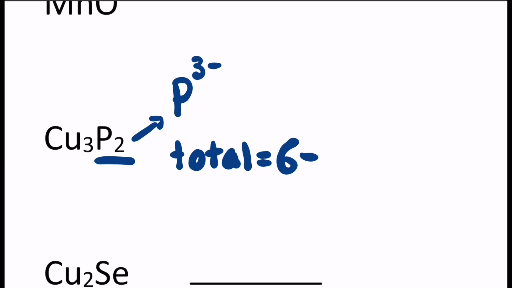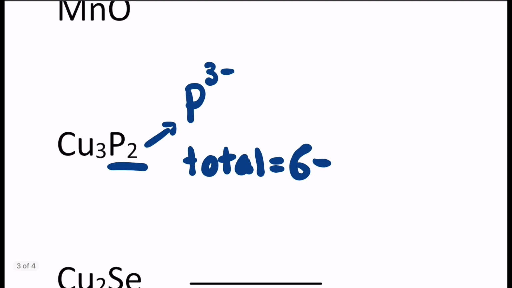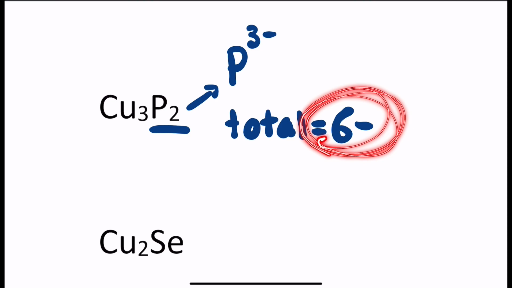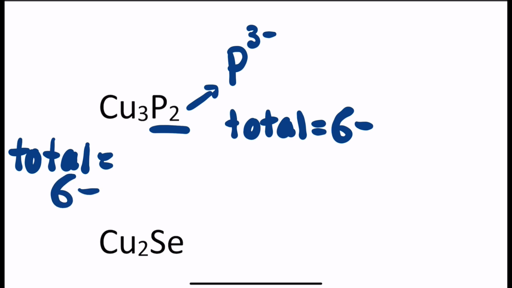Now we said before that all our total charges do have to add up to 0. So if there's a -6 charge on one side of the compound, then the other side of the compound has to be giving you a +6 charge. So in total, we have to have some sort of +6 charge that is canceling out this -6 charge.